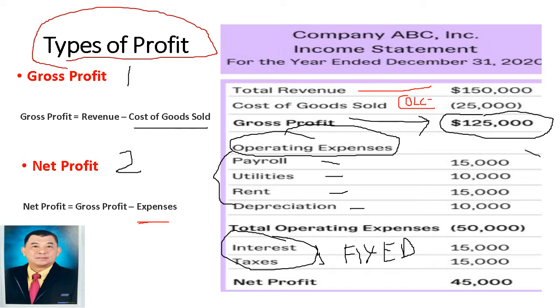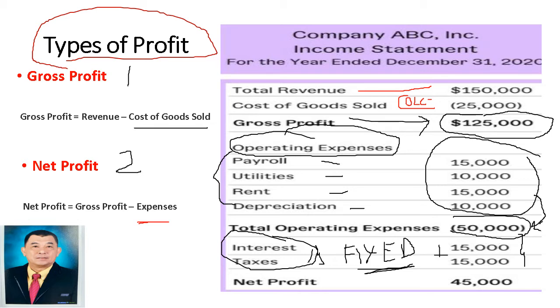So, the total of this gives you 50,000. But of course, you have to deduct again the remaining two expenses, which are considered fixed. So you add this 50K plus 30K, which gives you a total of 80K total expenses.